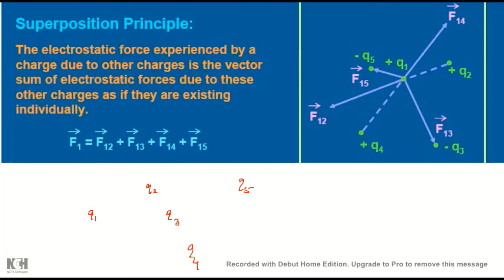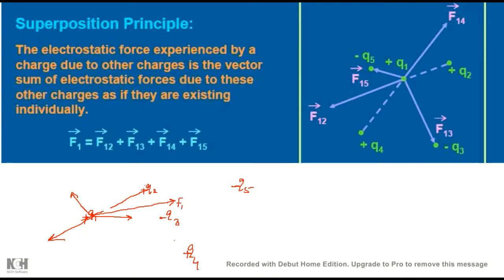Let's suppose q1 and q2 are positive, this is negative, this is positive and this is negative in polarity. Then q1 and q2 will repel each other, q1 and q3 will attract each other, q1 and q4 will repel each other, and q1 and q5 will also attract each other.